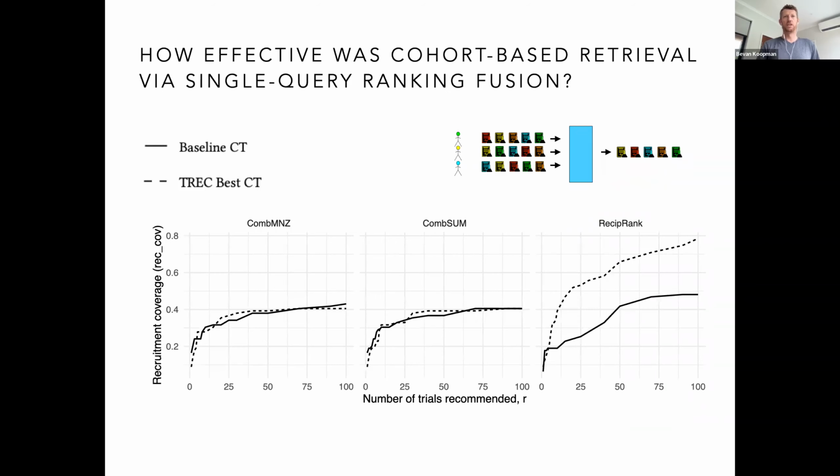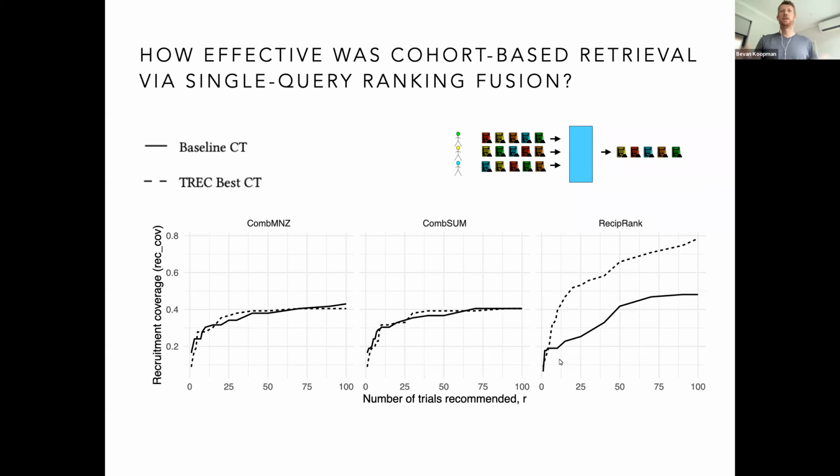With reciprocal rank, you do see a difference between the 2. But it's important to note that if you consider just a small number of trials to recommend, which is actually a real use case, remember before I was talking about 2, 3 trials being recommended to someone, there the far less effective BM25 initial rankings actually performed better.